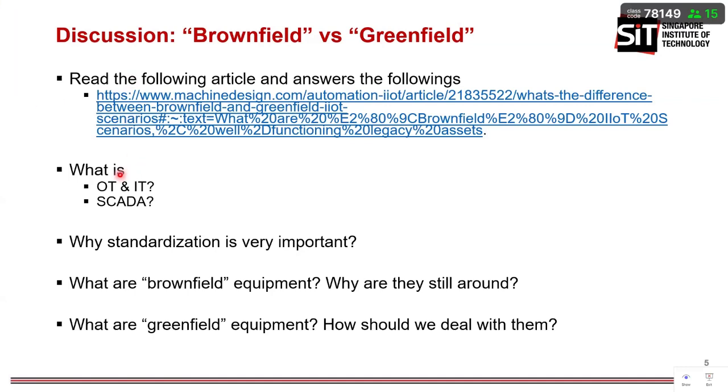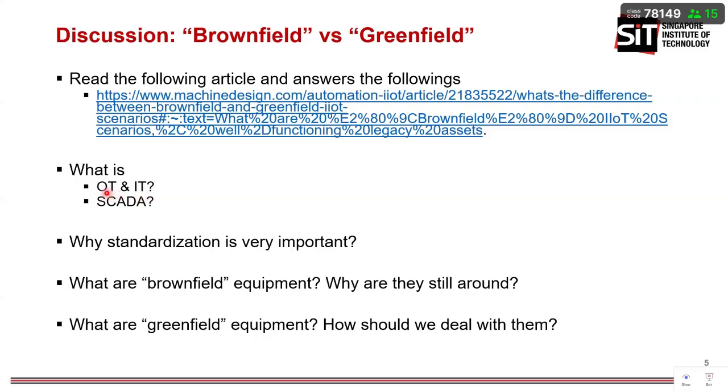Okay, what is OT and IT? IT, I think this part is rather straightforward. All of us would have talked about IT often, one way or another, when you go to the IT help desk and so on. So IT refers to what? It refers to information technology. It focuses on facilitating data flow and data gathering, more on the networking side.